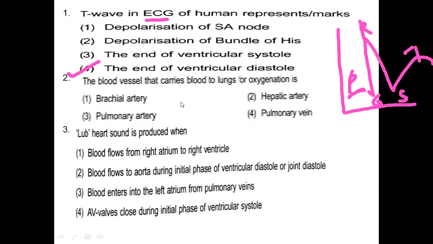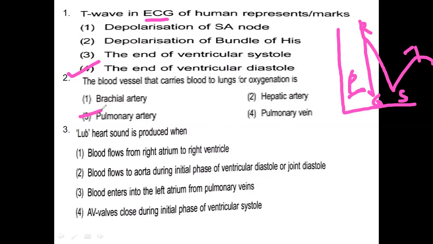The blood vessel that carries blood to the lungs for oxygenation is called: brachial artery, hepatic artery, pulmonary artery, pulmonary vein. The blood vessel that carries blood to the lungs for oxygenation is called pulmonary artery. Lub dub.